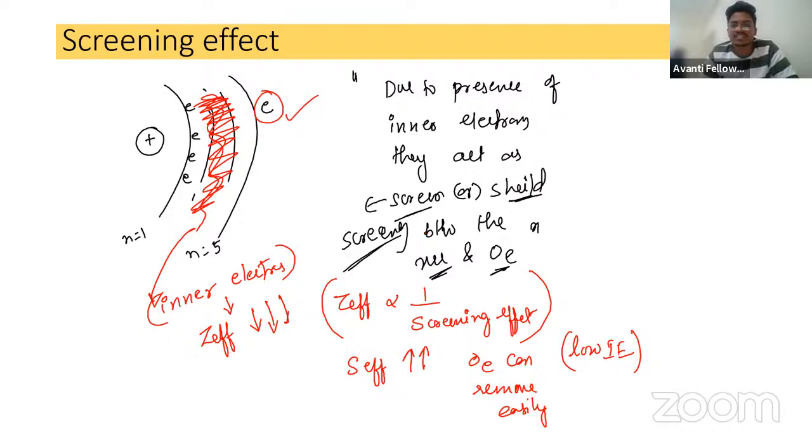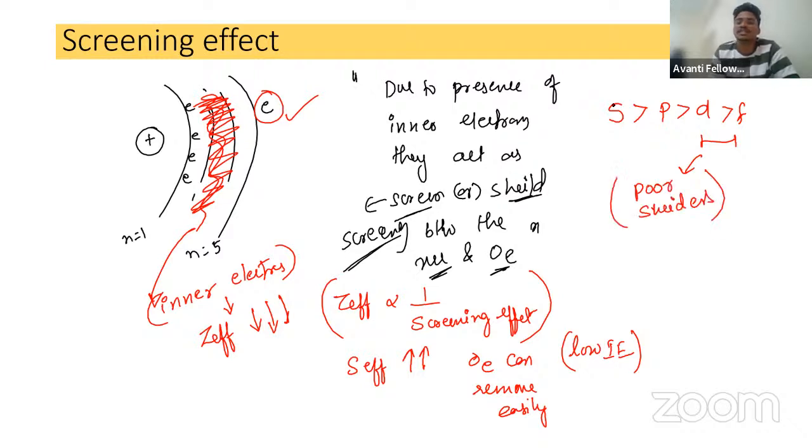So the screening effect is simply that they will block or shield the attraction between the nucleus and the outer electron. Now, which electrons are better shielders? Very simple. S electrons are better shielders than P, than D, than F. Usually D and F are called poor shielders. S and P are very strong shielders. Why?